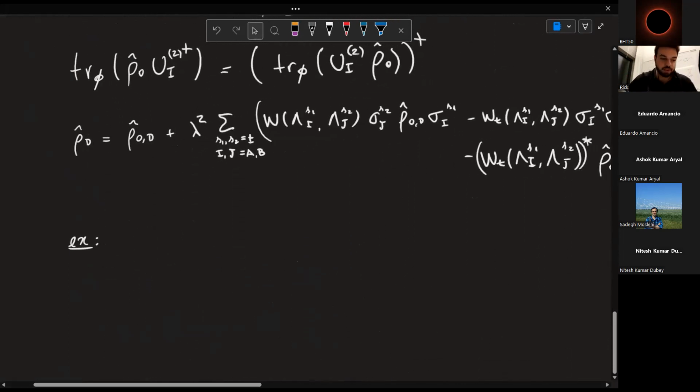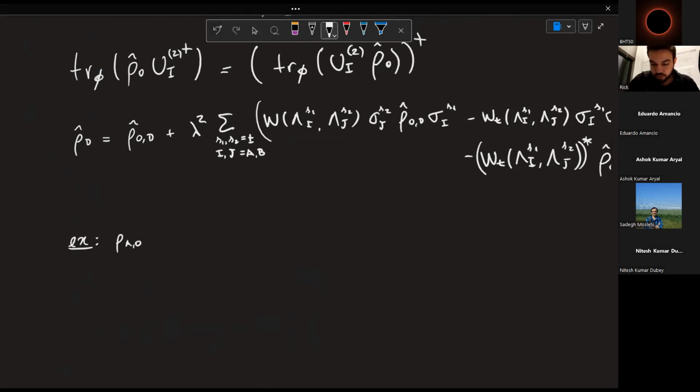Okay, so this would basically correspond to the idea of getting rho A0 being in the excited state. So we want Alice to be excited and to try to dump her excitation into the field. So EA and Bob.